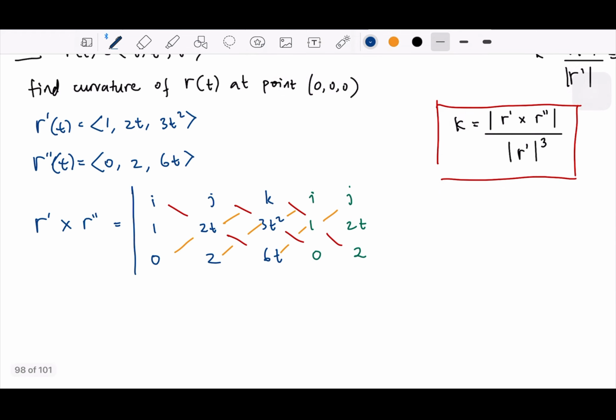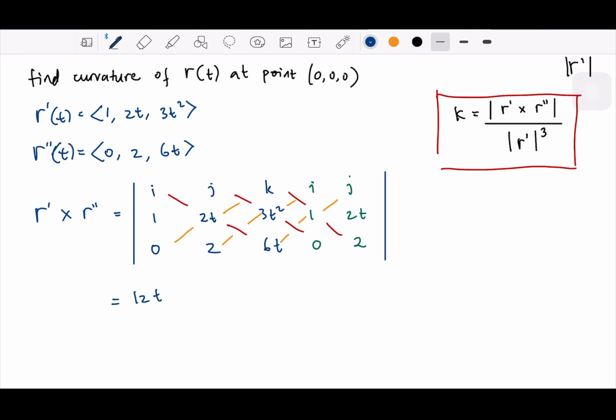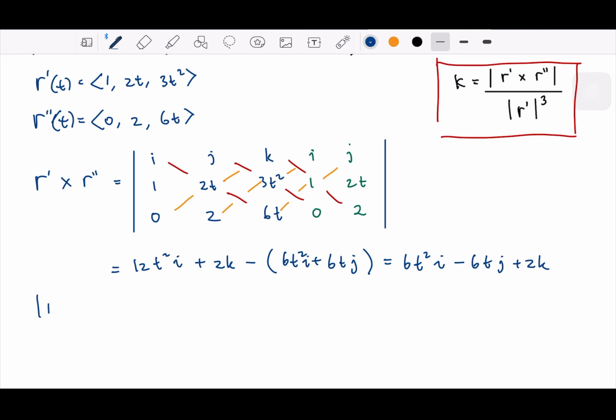Now we are going to evaluate and take the magnitude.